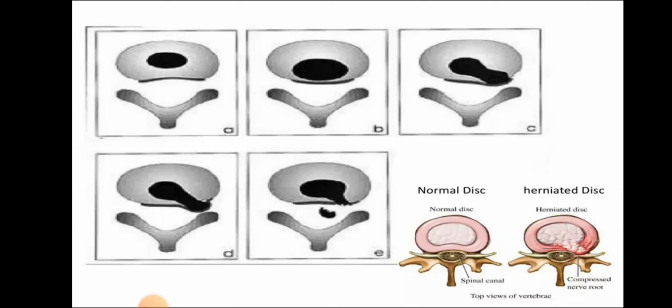This prolapsed matter puts pressure over the adjoining nerve roots and ligaments, and gives rise to pain. This protrusion is called IVDP, or slip disc, or intervertebral disc prolapse.